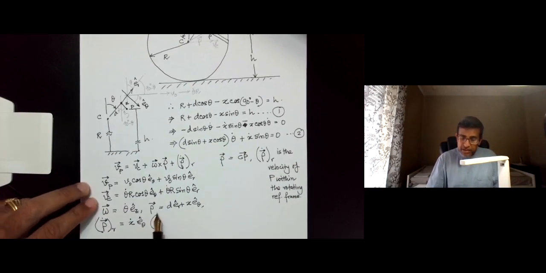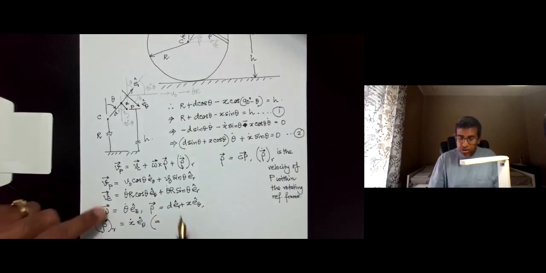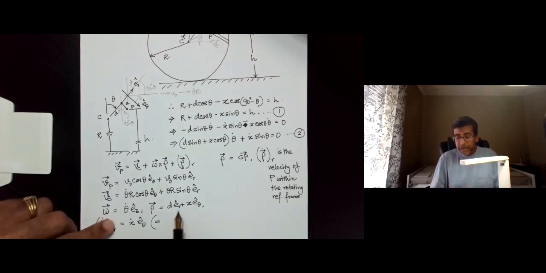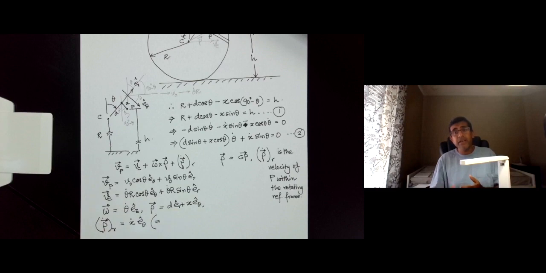Well, that structured manner of developing this rho dot r is to take this rho vector and differentiate, but differentiate with the understanding that you are differentiating only within the rotating frame, which means that you are not going to differentiate ER and you are not going to differentiate E theta, although ER and E theta are both changing directions.